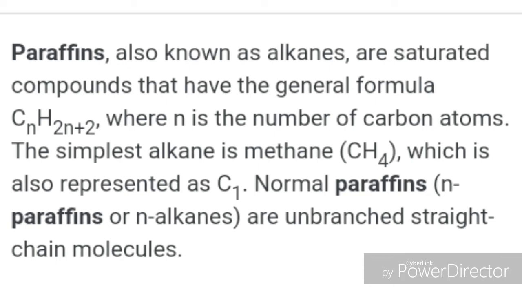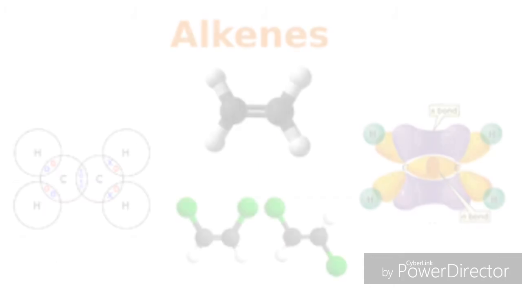The simplest alkane is methane. Normal paraffins, n-paraffins or n-alkanes, are unbranched straight-chain molecules. Alkanes are called paraffins because they are chemically somewhat inert or less reactive.